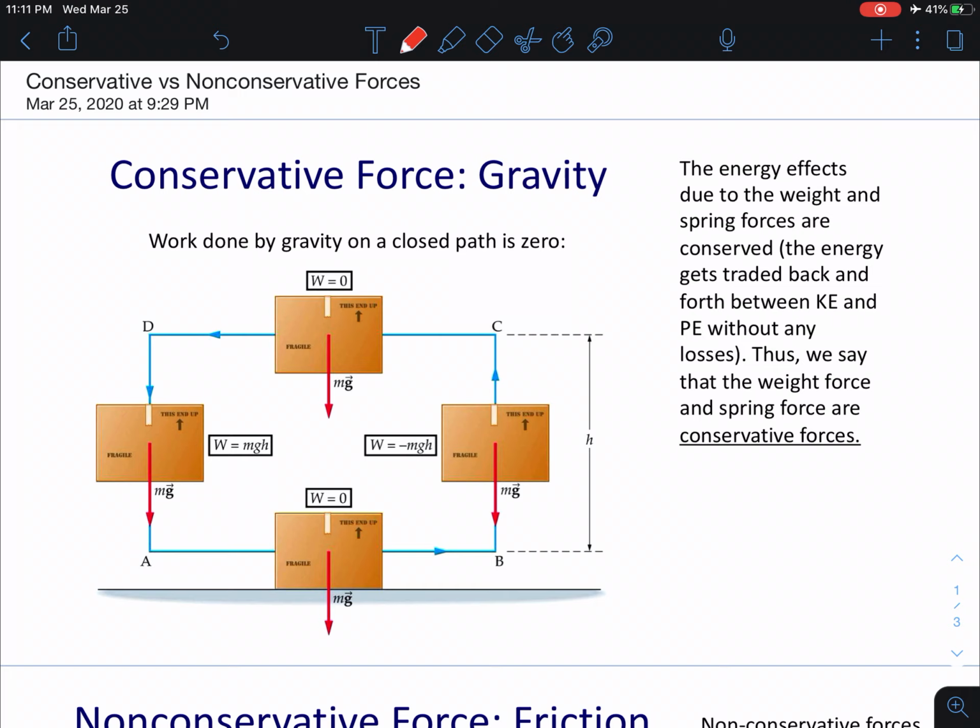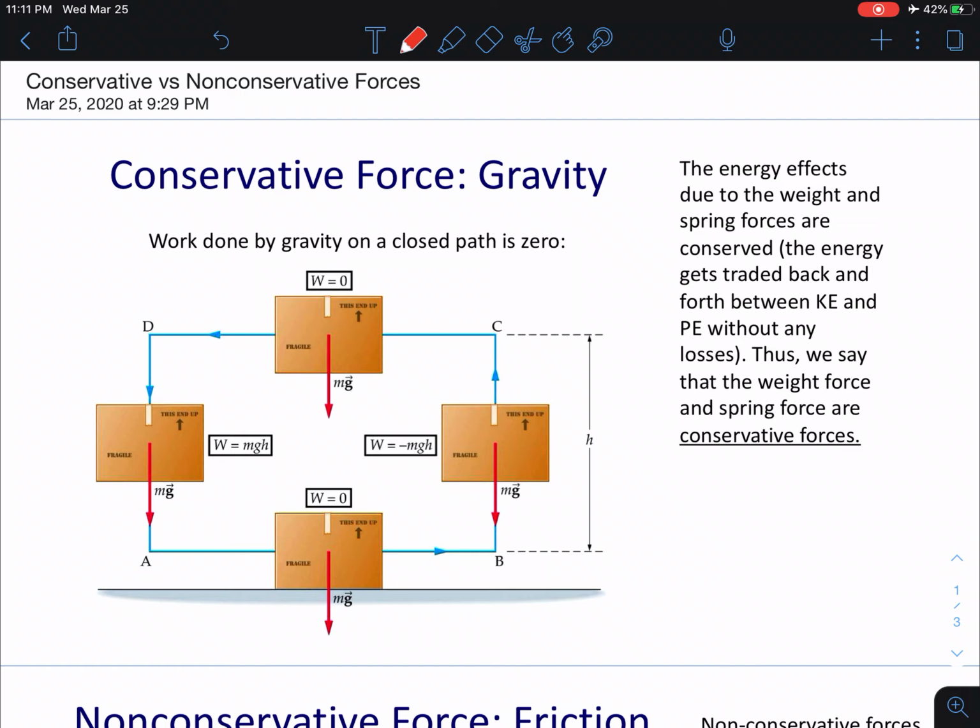That means you're going to take the work done by weight force to be zero, although it is not zero, if you choose to keep the delta U term, which is the gravitational potential energy on the left side. So you have two choices and you need to choose one or the other.